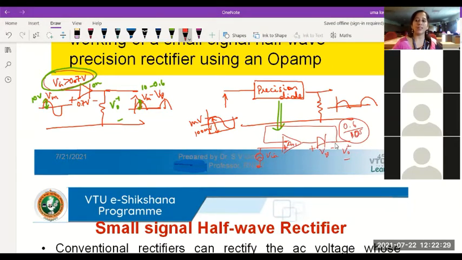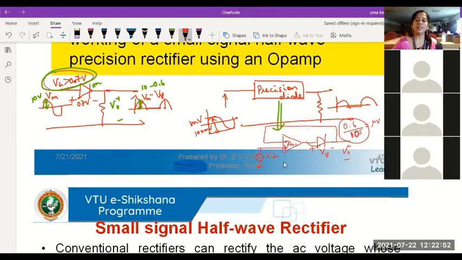We don't need the diode drop to be exceeded by the input signal. The input signal should exceed the diode drop divided by the open loop gain, which will be in microvolts. So when the input signal is a few microvolts, this diode will start conducting, provided a positive input is given to the non-inverting terminal.